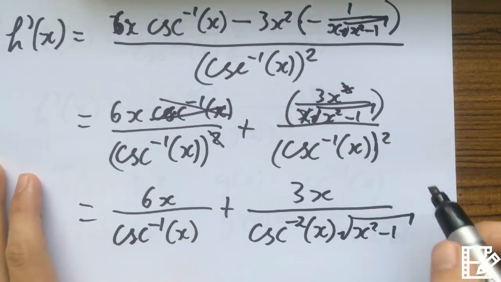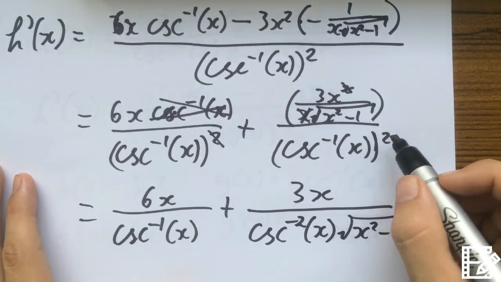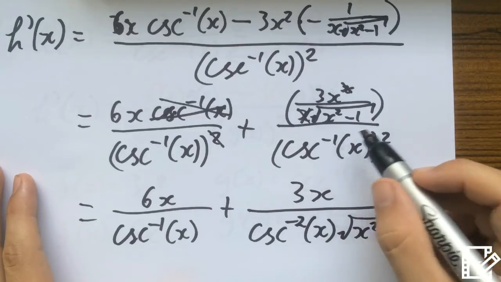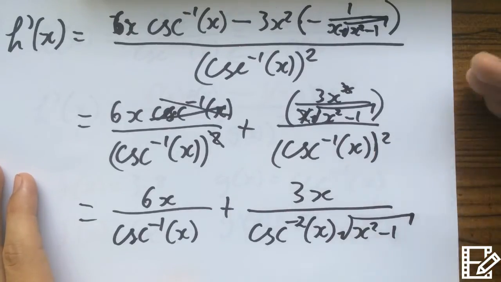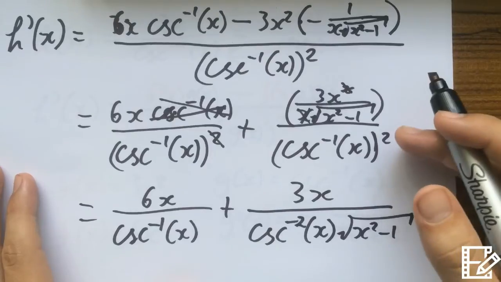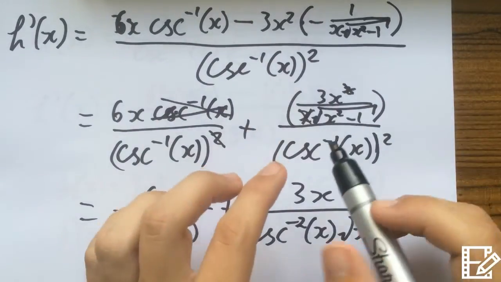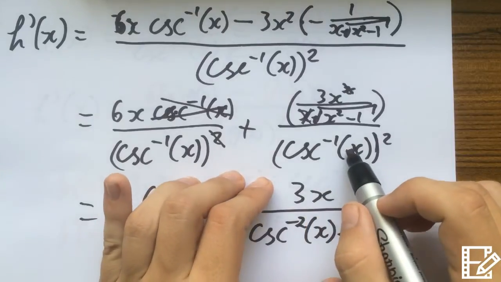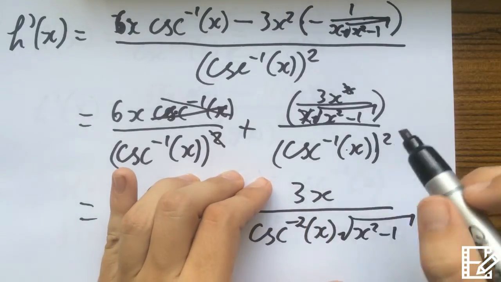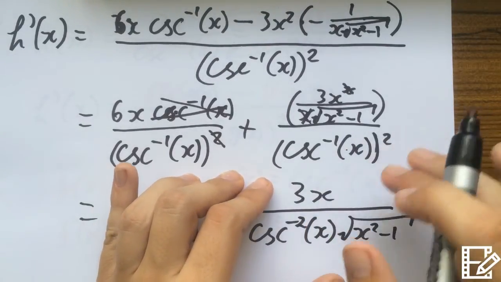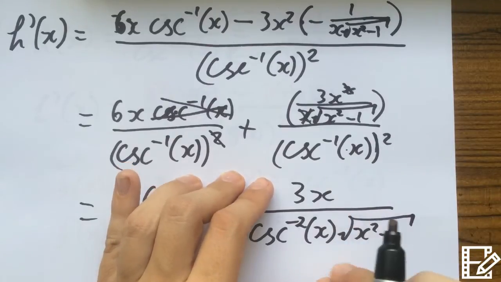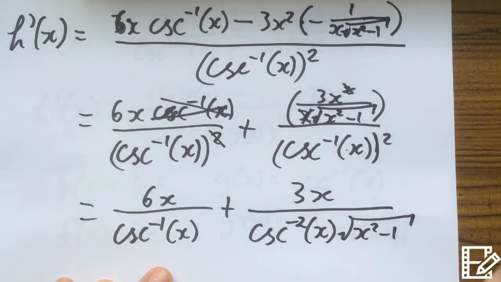in one big step. Basically, I'm multiplying the 2 by the negative 1, because when you have a power and then another power, or this is cosec x to the power of negative 1 to the power of 2, we multiply the negative 1 and the 2 together. It simplifies down to this.